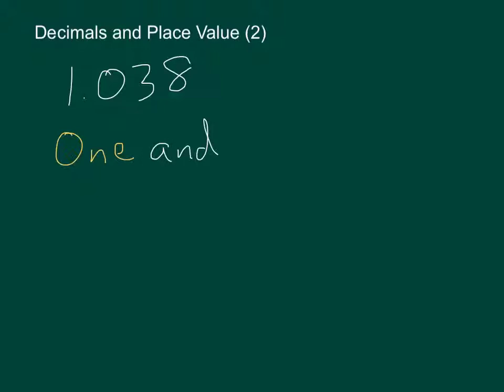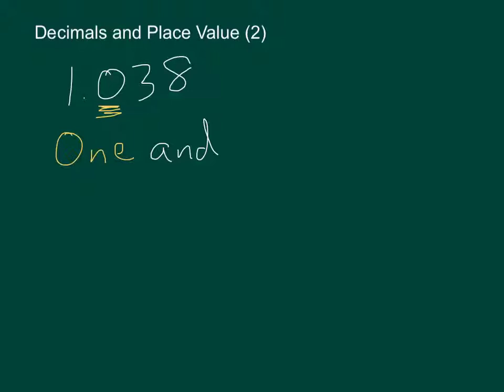Okay, let's look at another one, 1.038. Okay, how would you write this in terms of words? Well, we know we're going to put a 1. And then we get to the decimal, and remember the decimal you just say "and", then the number after the decimal. And in this case we have a 0 in the tenths place, so we don't have to say anything for the 0.